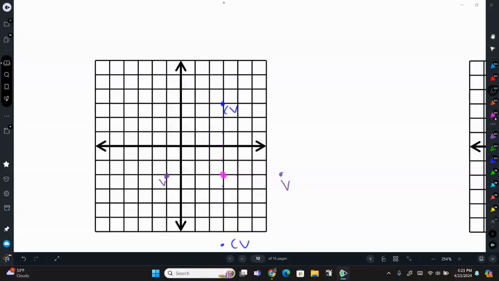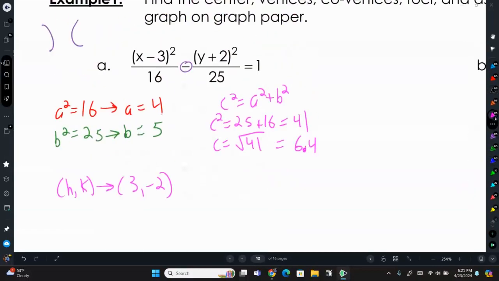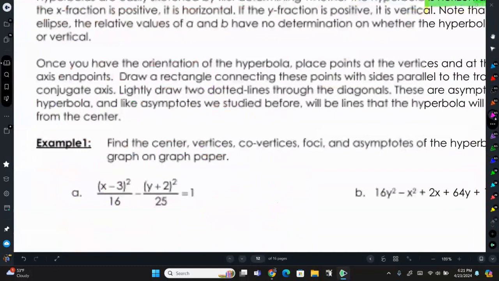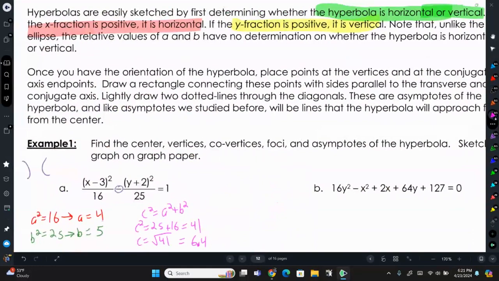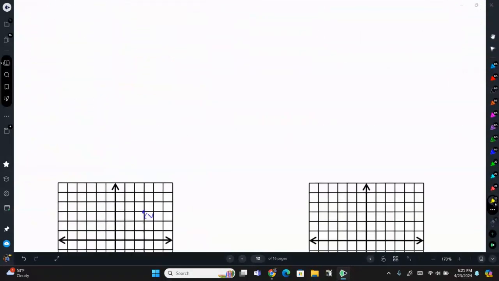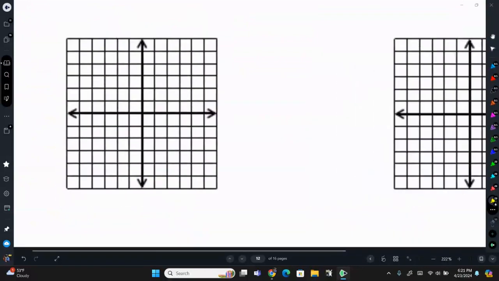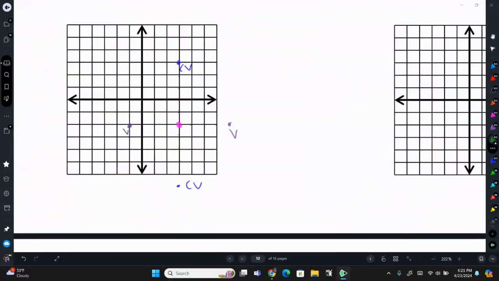So once we plot those, we're going to draw a rectangle connecting these points. So what that looks like is I'm going to draw a rectangle going through these points.